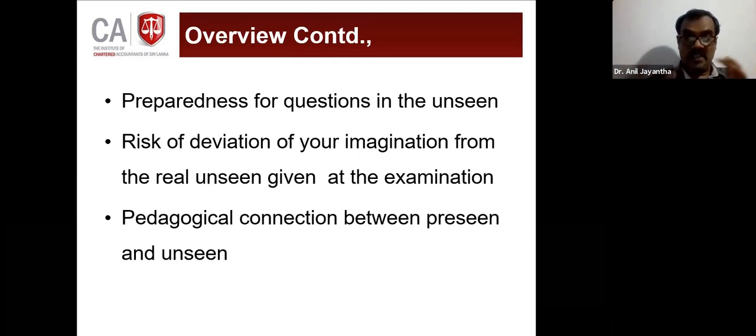There would generally be two probabilities. One is that the unseen is somewhat similar or within a frame that you thought of prior to the examination. Then you should be happy. But the other is a totally different one: you imagine something, but in the unseen, you get something totally different.